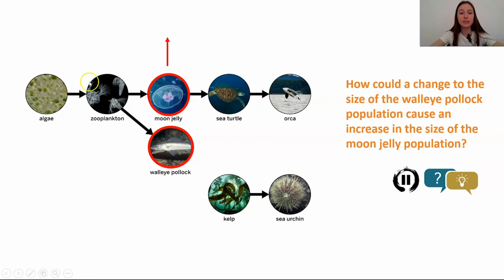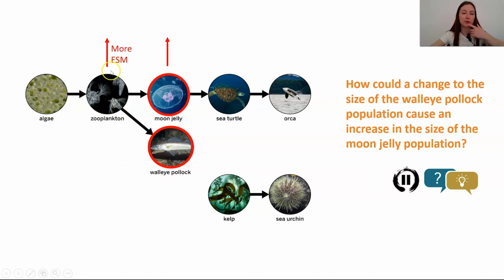Now, they're sharing a resource population. This means that we would want to see an increase in the zooplankton because the moon jellies are most likely having more births. So how could the walleye polyp be changed to allow for an increase in the zooplankton population?